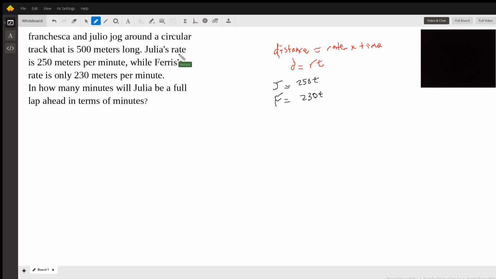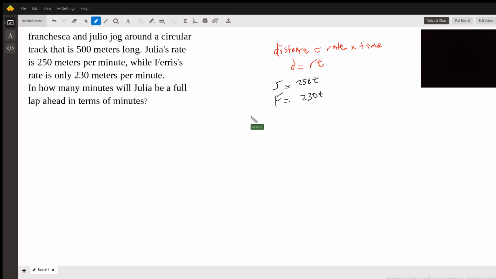Now we've got things organized. The question is, how many minutes will it be when Julia is a full lap ahead of Francesca? We're going to assume that the two of them started at the same time.